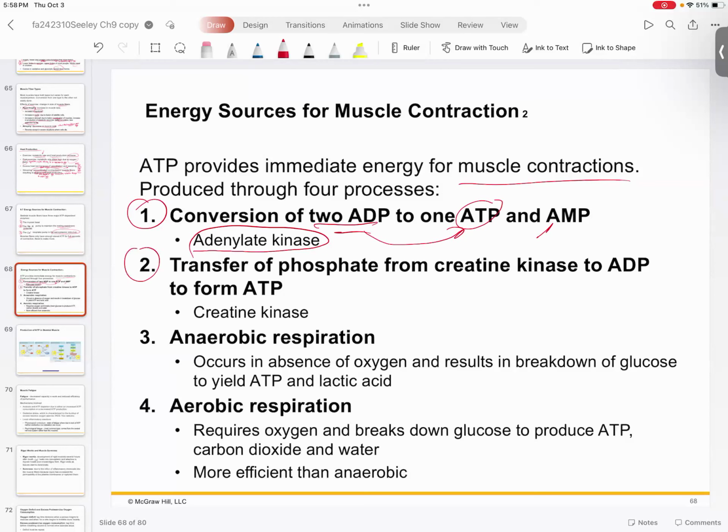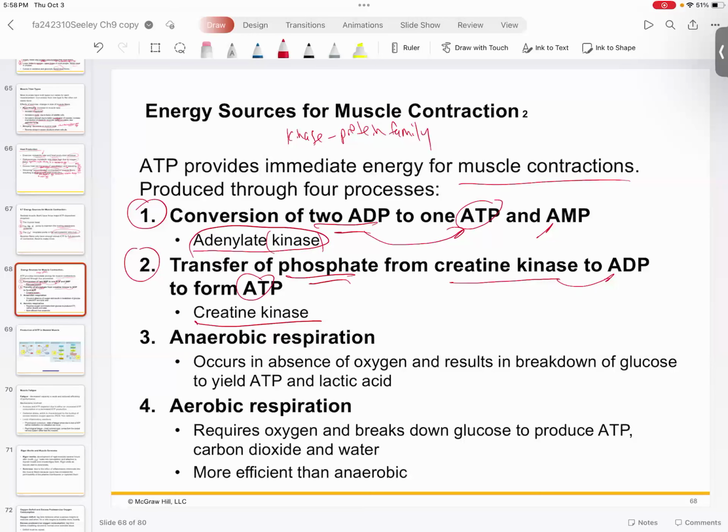The other one that you're going to see is creatine kinase. This is one that is going to take a phosphate from creatine phosphate and add that to an ADP in order to form ATP. And just to clarify something, we have a couple of different terms here. A kinase is a generic type of family, a protein family.